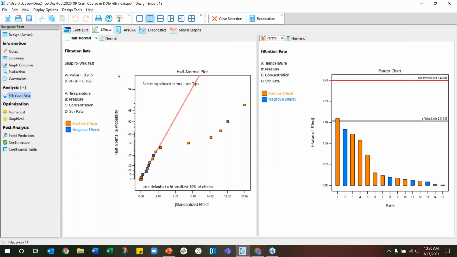Okay, so two-level factorials are kind of unique in that when they don't have any replication, building an ANOVA, the analysis of variance, is just a little bit more complicated. We have to tell the computer which terms we want to be in the model and which terms we want left behind.